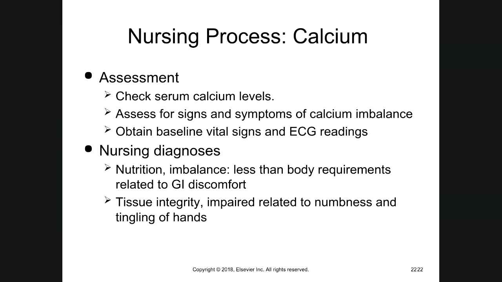Calcium maintains cellular permeability and promotes blood clotting by the converting of prothrombin to thrombin, and is needed for the formation of bone and teeth. Calcium levels are regulated by the parathyroid hormone and the calcitonin.